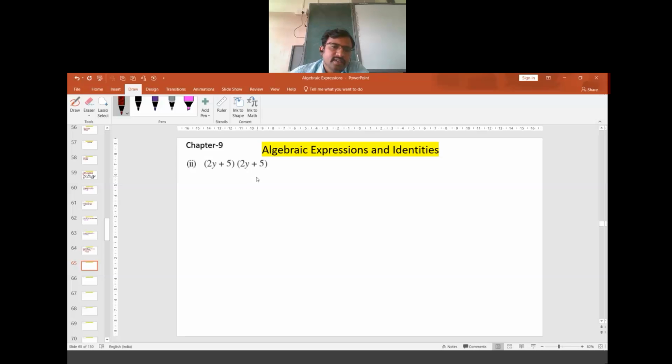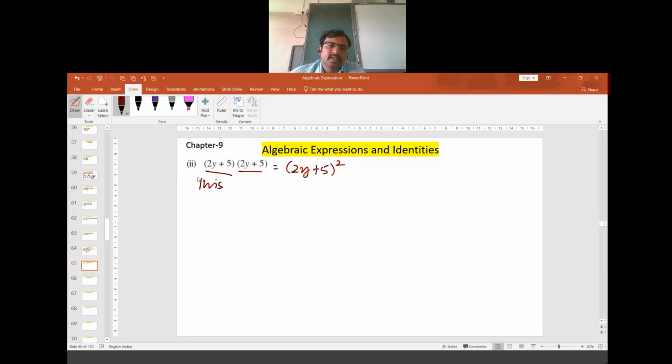Here again, the same identity can be used since there is a repetition here. It is like a plus b multiplied by a plus b. These are multiplied. This is 2y plus 5 whole square.